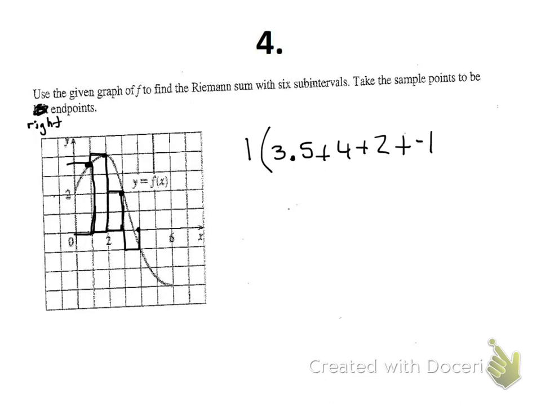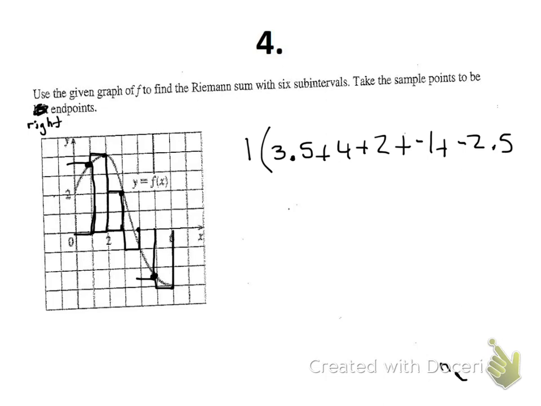F of 5, right there. Let's see, that would be what? Negative 1, negative 2. You guys want to call it negative 2.5? Agree on that? And then f of 6 is 3.